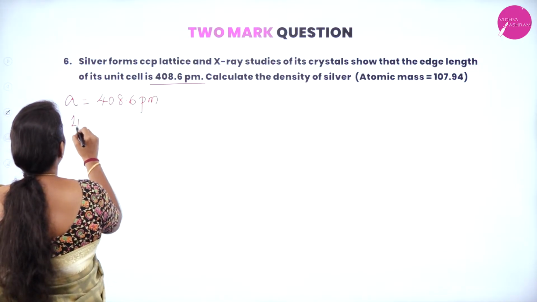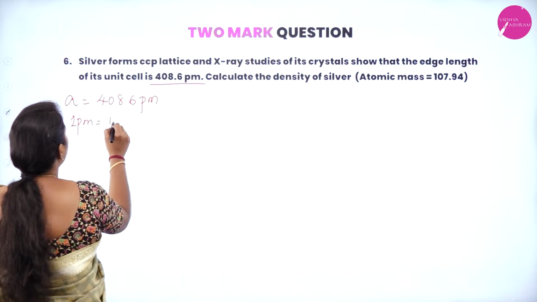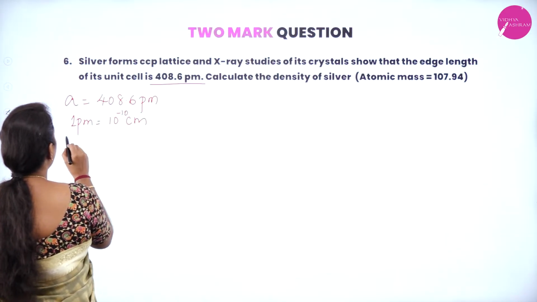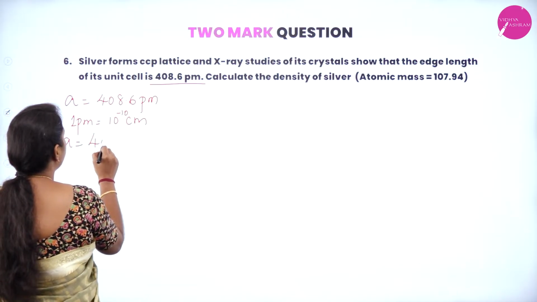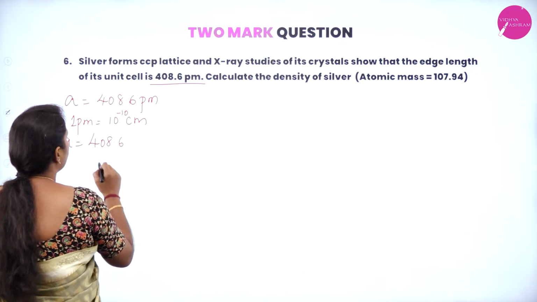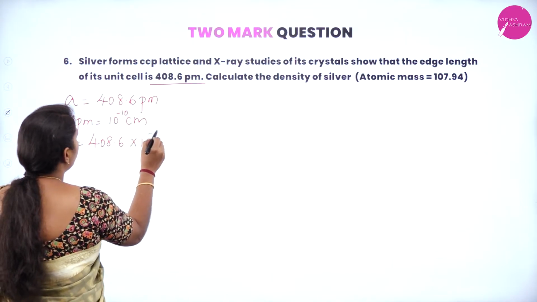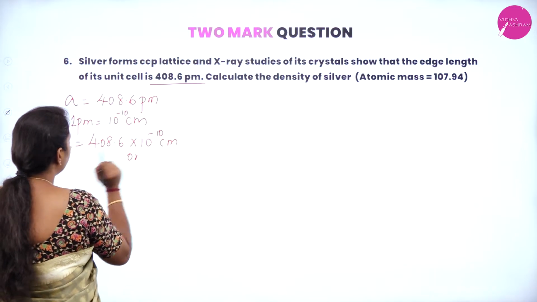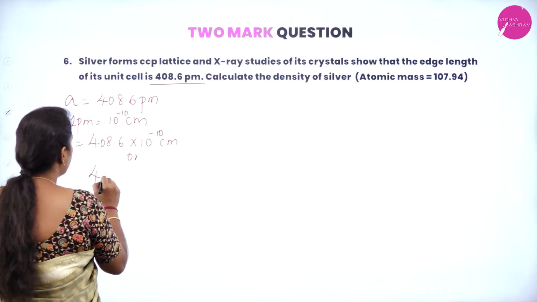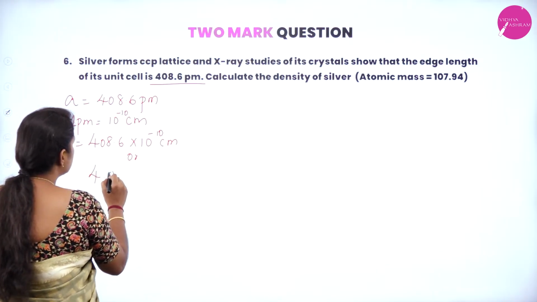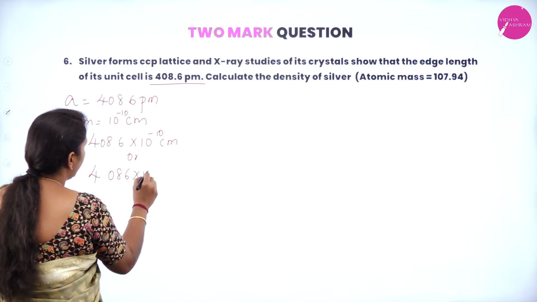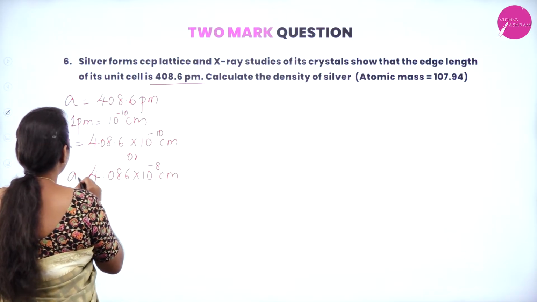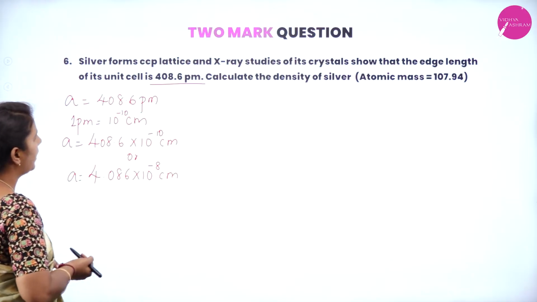We know that 1 picometer is equal to 10 to the power of minus 10 centimeter. So I can rewrite the A value as 408.6 into 10 to the power of minus 10 centimeter. Or if you want to shift the zeros, you can make it 4.086 into 10 to the power of minus 8 centimeter. Okay. I am simplifying the values.